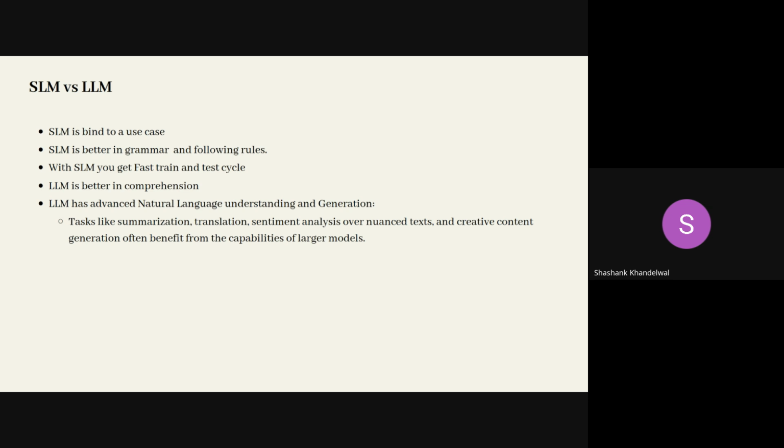We can even create an SLM for sentiment analysis, but it will be task specific. An LLM, because it is trained on a very large amount of data, can cover all of this.